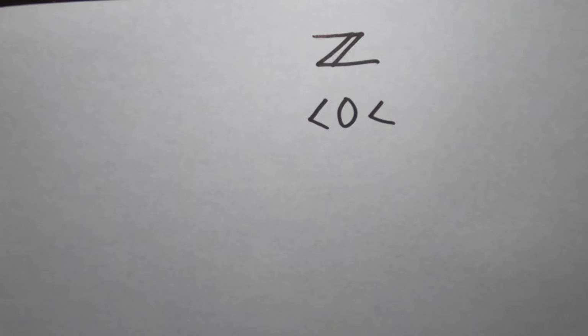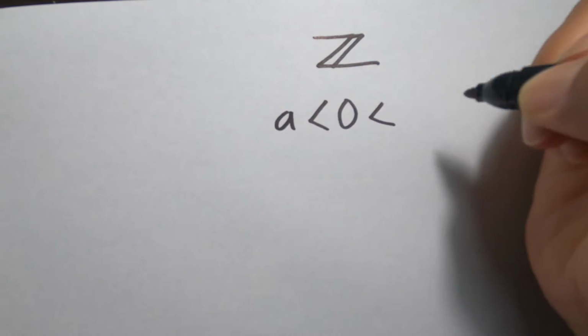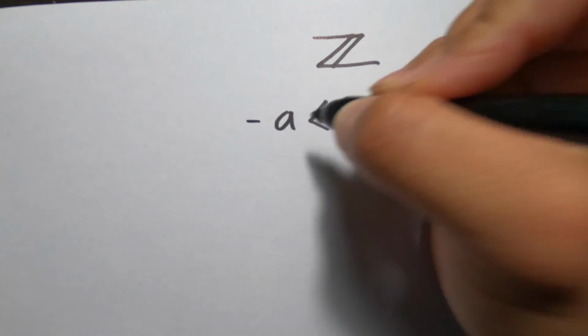So now I want to show you something else with all integers that you will see sometime in the future, if not already seeing it, is you will have a letter such as A, -A.